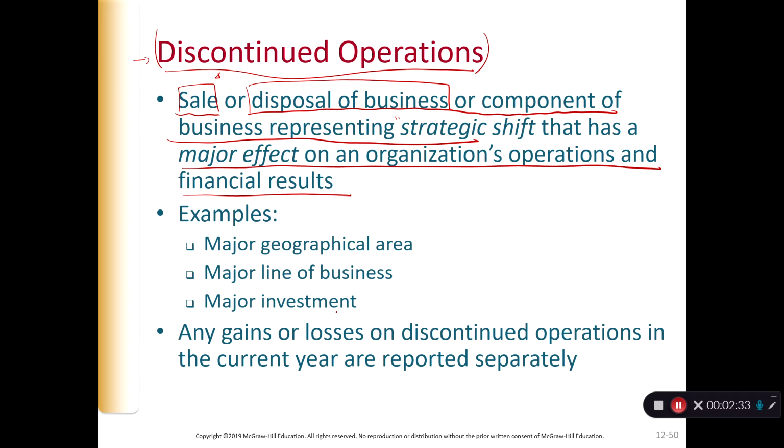Let's say, for example, let's consider a sports apparel company, say Under Armour, that has two business activities, a very profitable line and a not-so-profitable line, such as tennis shoes. Let's say that during 2021, the company decided to sell the tennis shoe operation to its competitor, and the tennis shoe business has income for the year. Including gains and losses on the discontinued operation, the current year is reported separately.